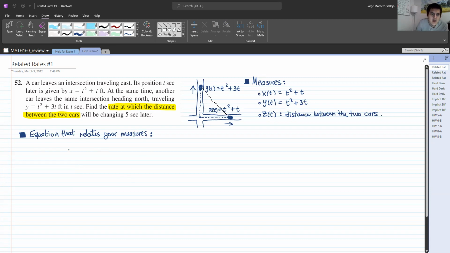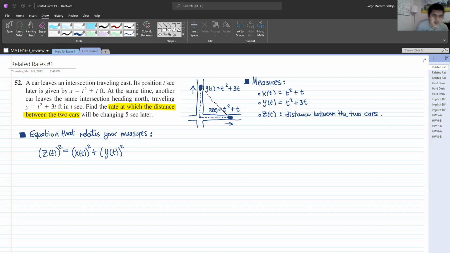So it's going to be the hypotenuse squared, so z of t, all of that squared equals x of t, all of that squared, plus, and then the same with y of t, right? y of t squared. Okay, that is our equation.